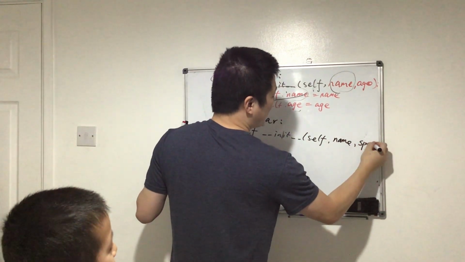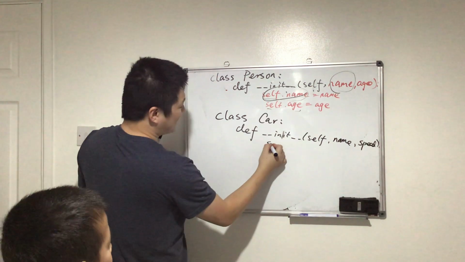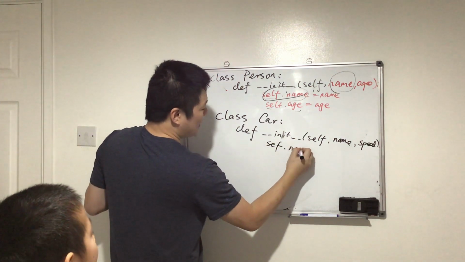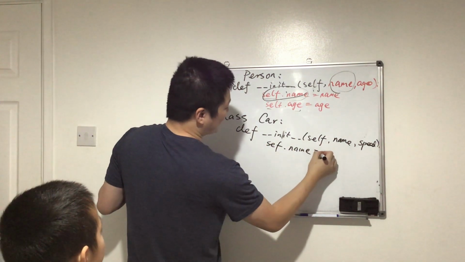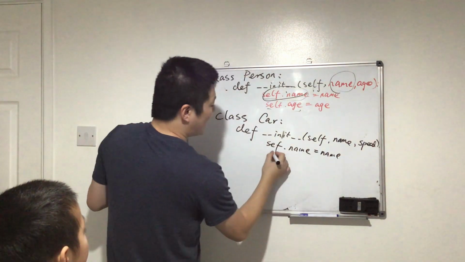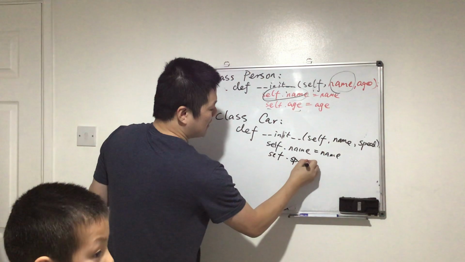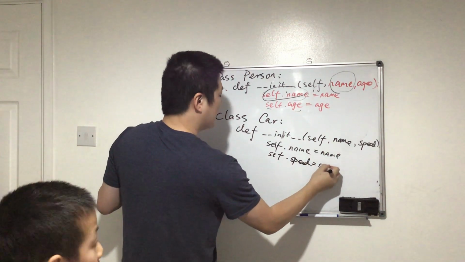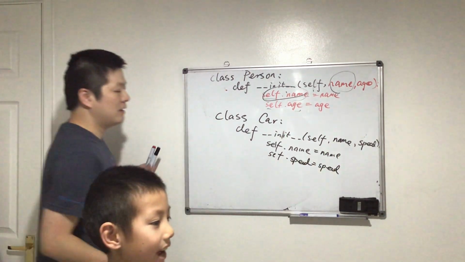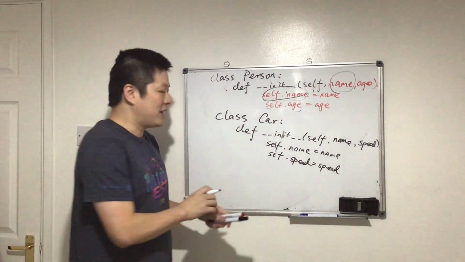Then again, we can say self.name, or brand, equals name, and self.speed equals speed.